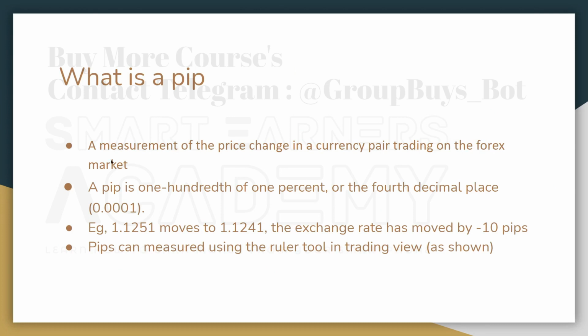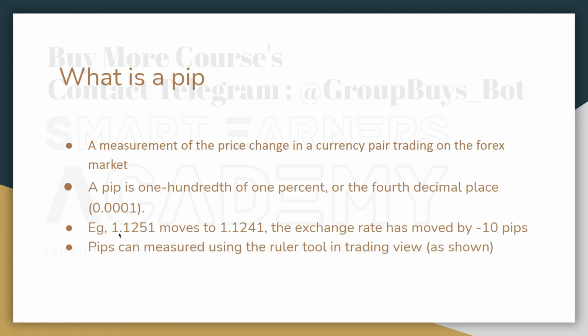A pip is a measurement of the price change in a currency pair trading on the Forex market. And a pip is 1/100th of 1%, or the fourth decimal place, so 0.0001.